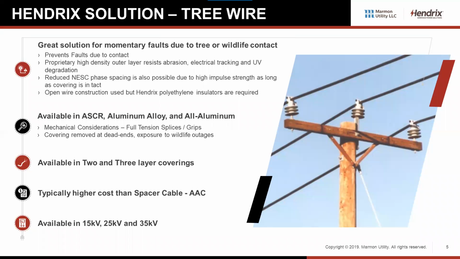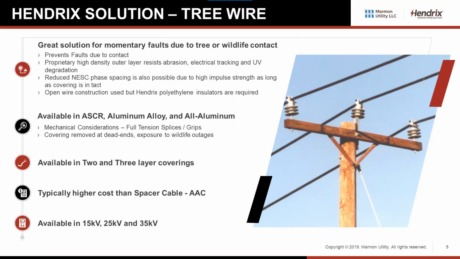What we call tree wire is covered ACSR or covered aluminum alloy conductor. As I said, spacer cable is typically all aluminum compact conductor. Aside from that, that's really the only difference. The thickness of the covering, the number of layers, the materials that we use are identical. So the only difference is the core conductor.